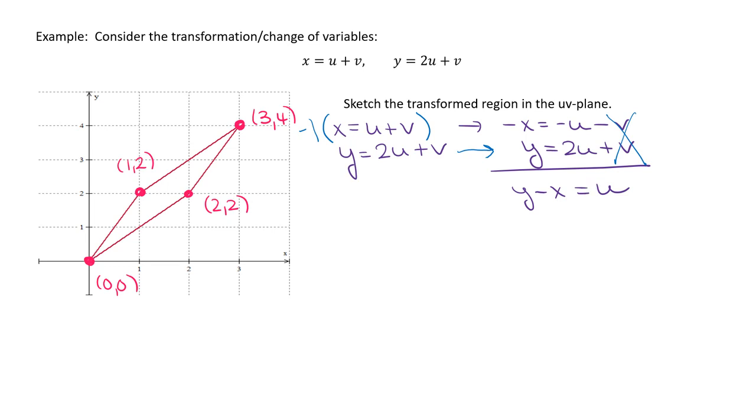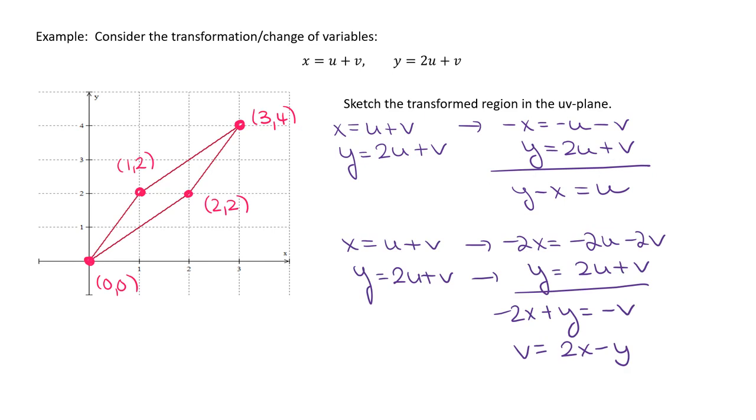On the left-hand side, we've got minus x plus y, that's y minus x. And on the right-hand side, minus u plus 2u is just u. And so there's my equation, u equals y minus x.